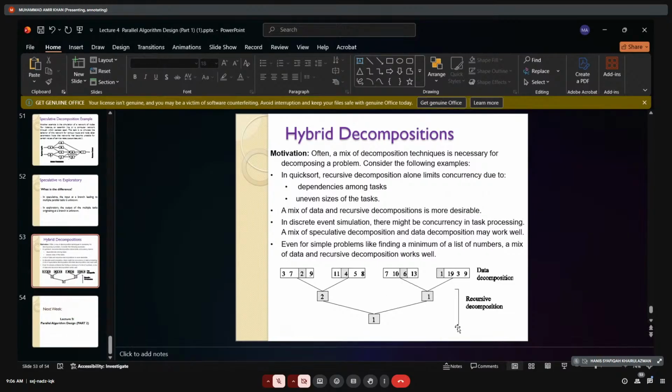So 2 and 1, and 1 is the minimum. Like this, we can do hybrid techniques. We add additional recursive decomposition as well, combining two different decompositions, data and recursive, so we get a quick response.